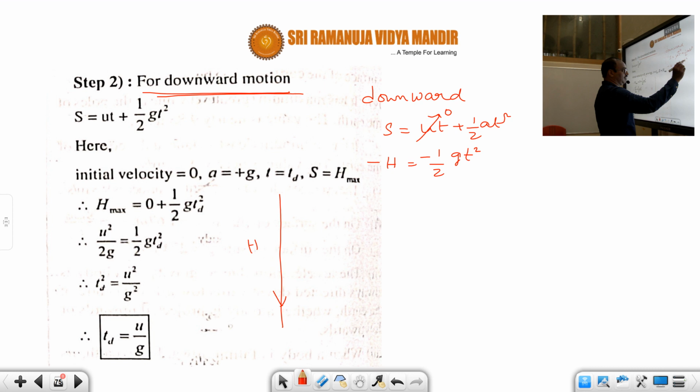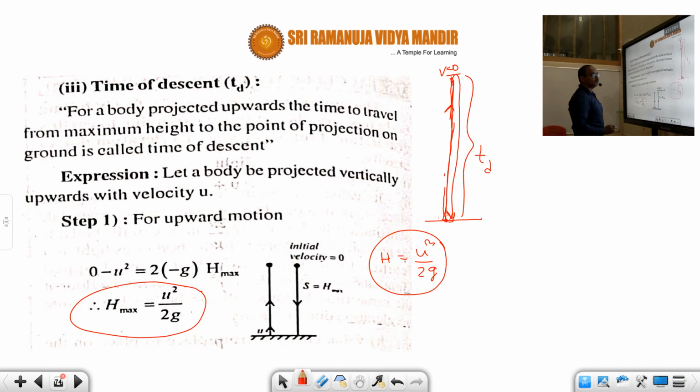Now t equals root over 2h divided by g, and we already calculated the h value previously. What is the h value here? H is equal to u square divided by 2g. So substituting h equal to u square divided by 2g in this equation, time t equals root over 2 divided by g into u square divided by 2g.